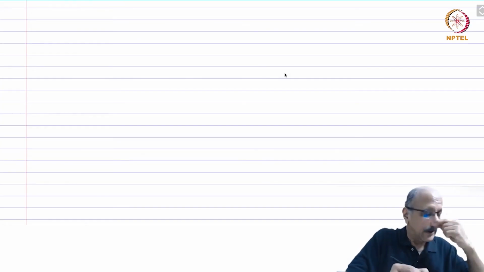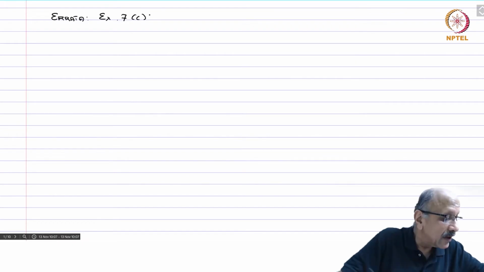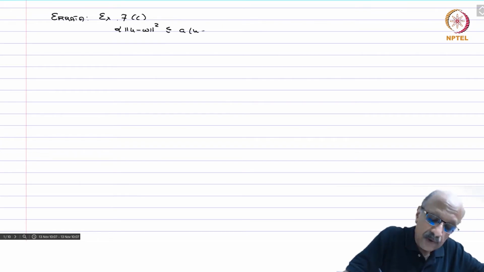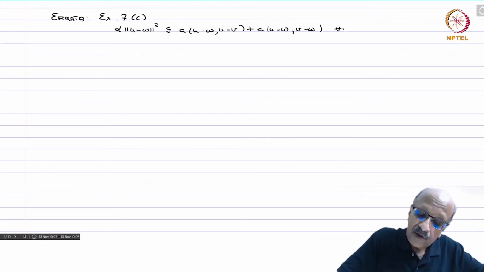Before we continue with the exercises, there's a small correction. In exercise 7C, we showed that alpha norm of u minus w squared is less than or equal to a of (u minus w, u minus v) plus a of (u minus w, v minus w) for all v in W, and since this is in W, this term became 0.